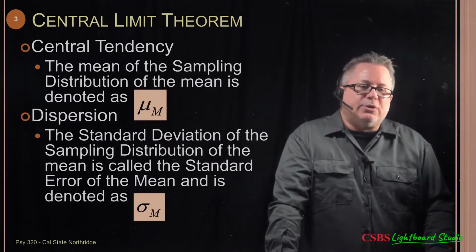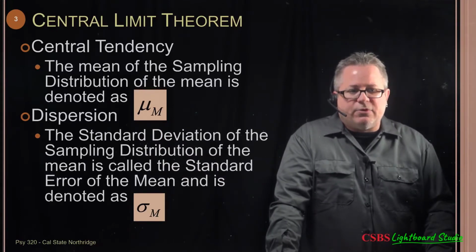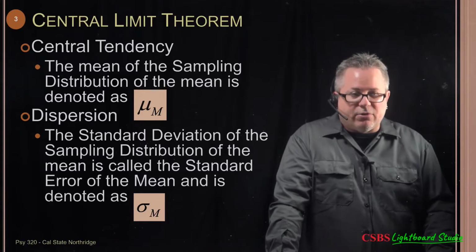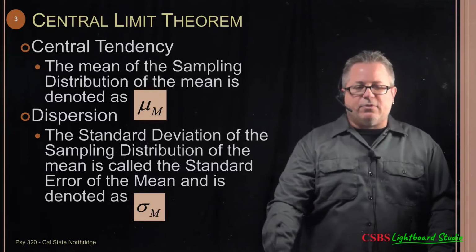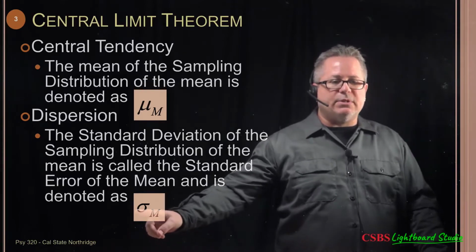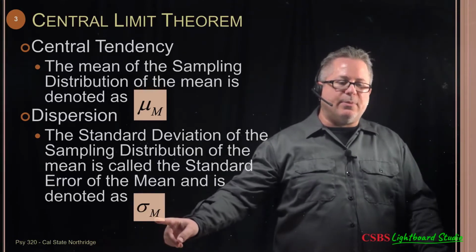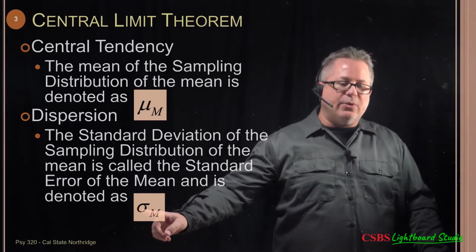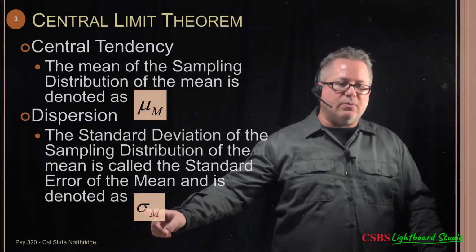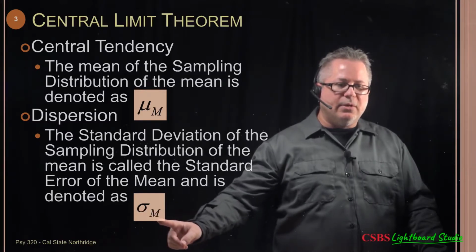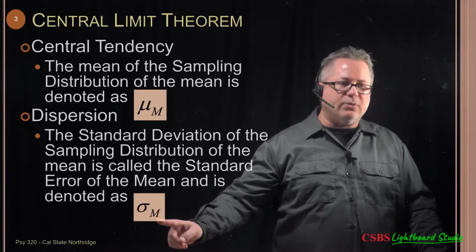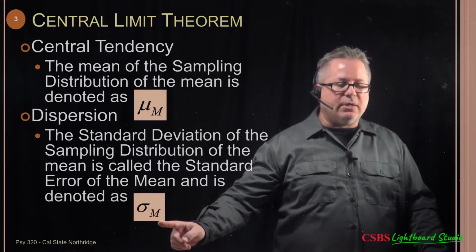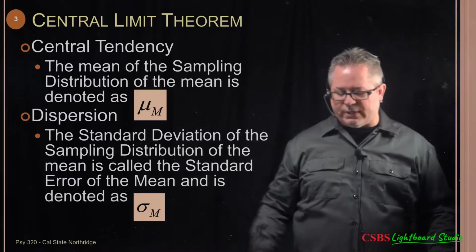In terms of measuring dispersion, the standard deviation of the sampling distribution of means is called the standard error, which we talked about before. It's called SE, and it can also be denoted as sigma sub m. If the population sigma is known, we can figure out what the standard error would be using sigma, based on some assumptions.